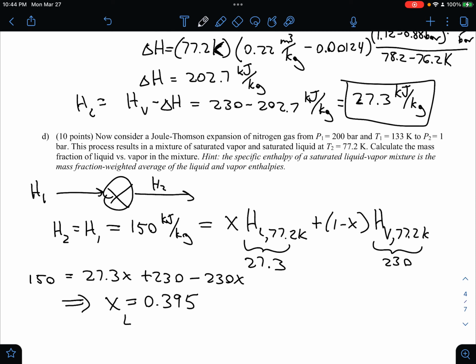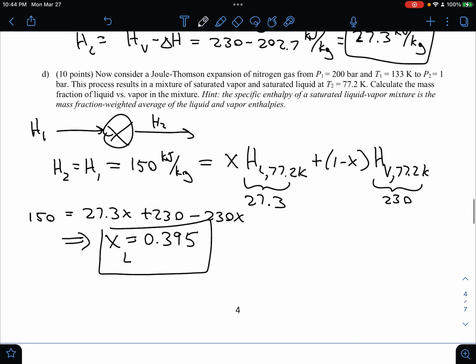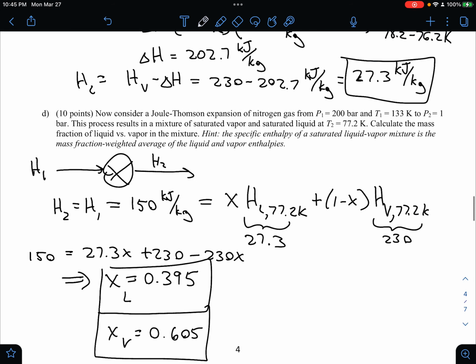This is the mass fraction of liquid. Sorry, not mole fraction, mass fraction. Liquid versus vapor. So the 1 minus x, vapor, is going to be 0.605, assuming I can do math correctly. Okay, I think we're done with this.